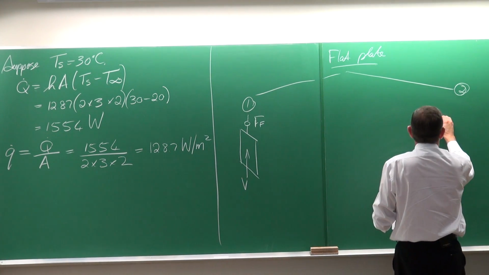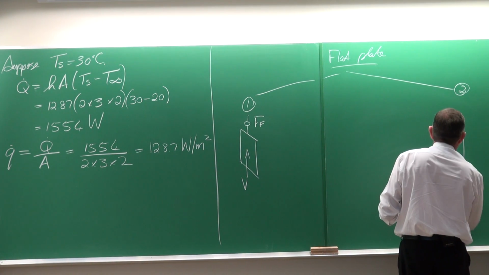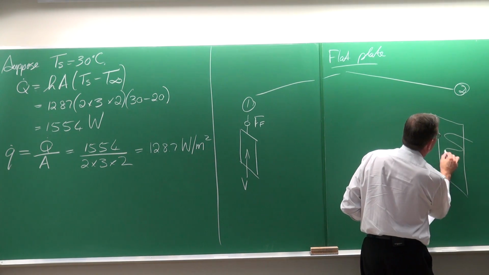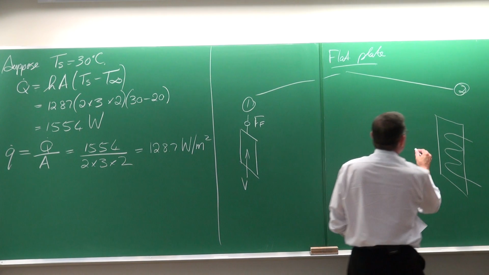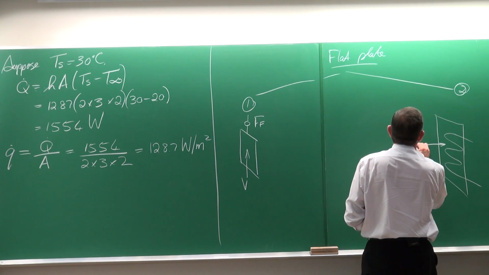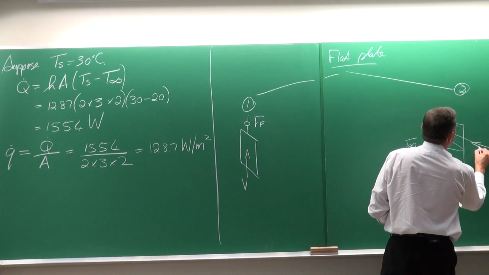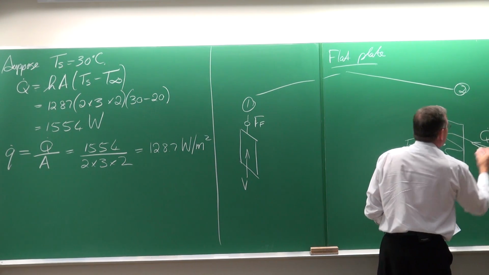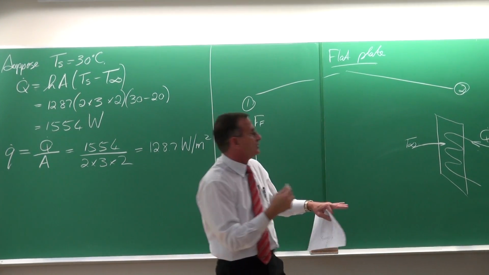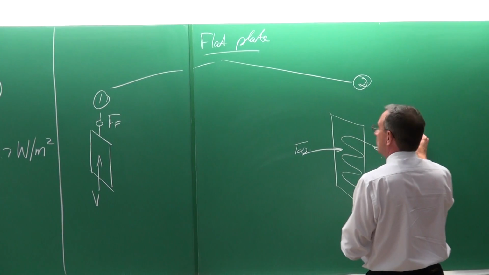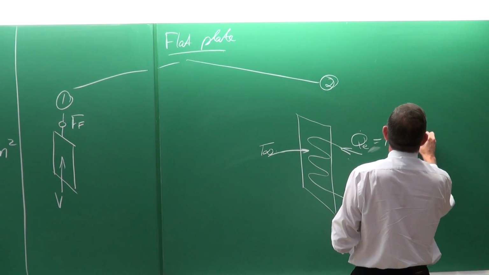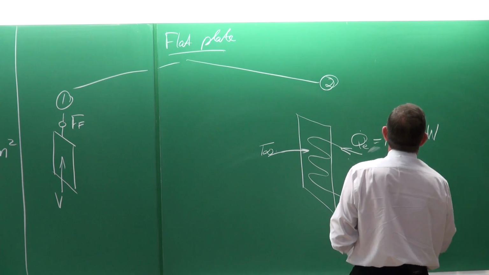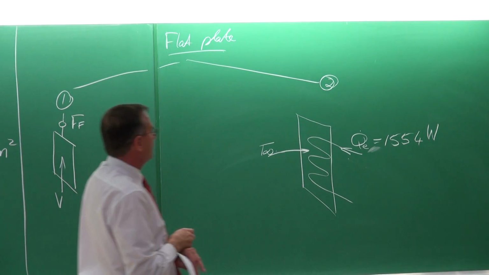Or you can do the same experiment by putting an electrical element in the plate, measuring the surface temperature. So that would be the heat that we put into the plate, which in this case would be 1,554 watts.